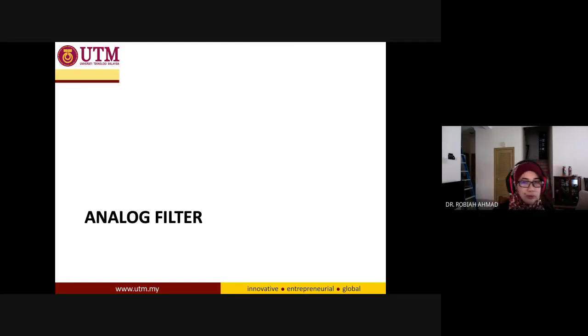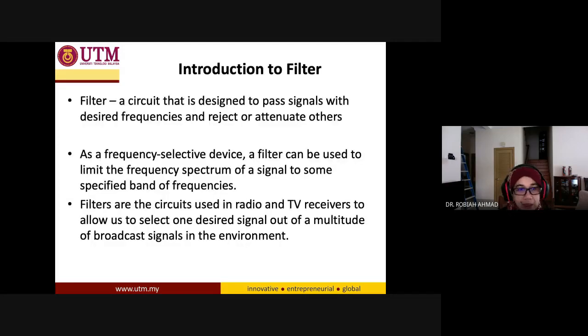Okay, so now this is what we're going to discuss today, more on the filter, and particularly in this case the analog filter. So what is a filter? A filter is a circuit that is designed to pass signals with desired frequencies and reject or attenuate others. Attenuate means reduce the signals.